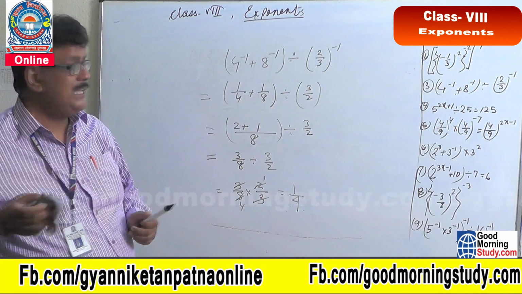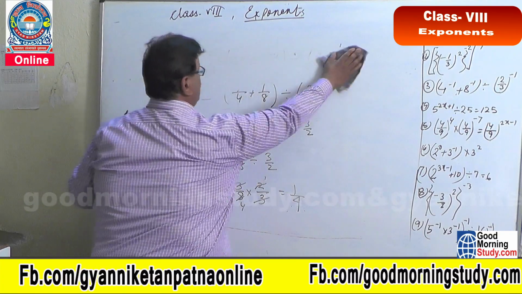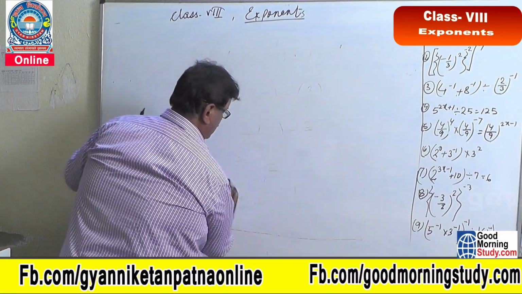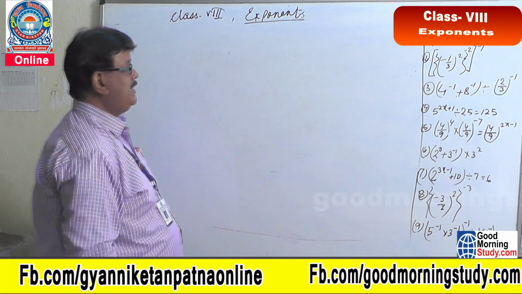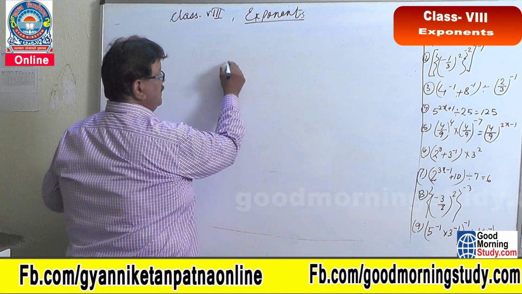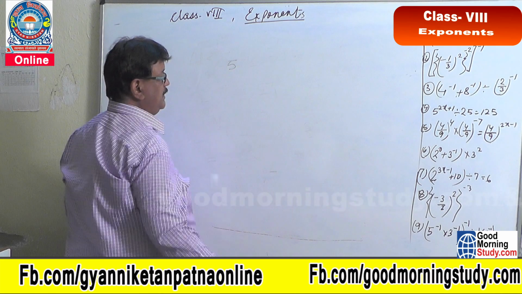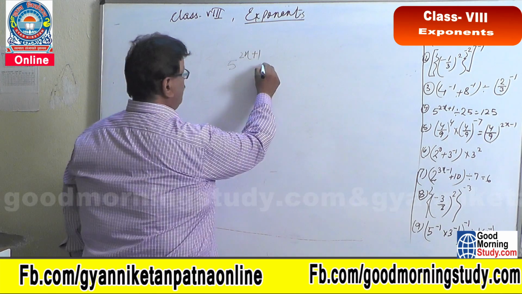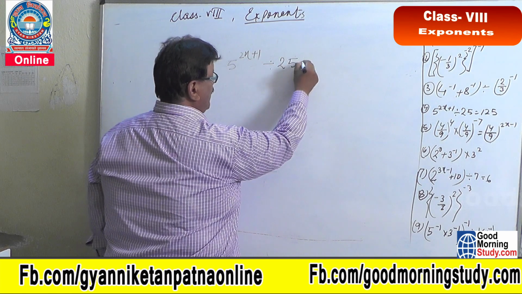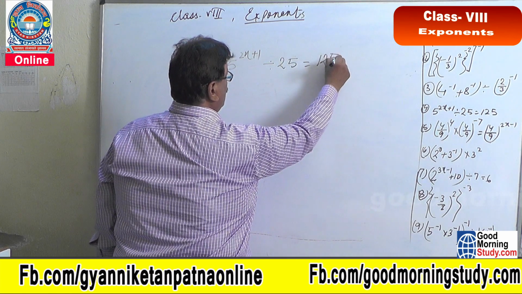Now let us see another important example. Suppose we have 5 raised to the power 2x plus 1 divided by 25 is equal to 125.